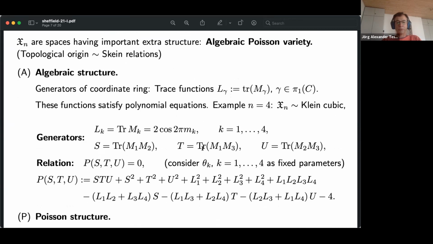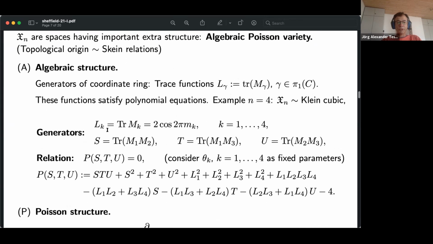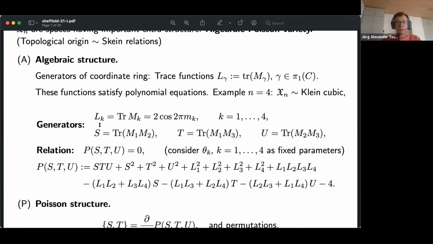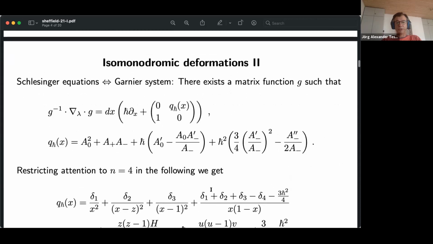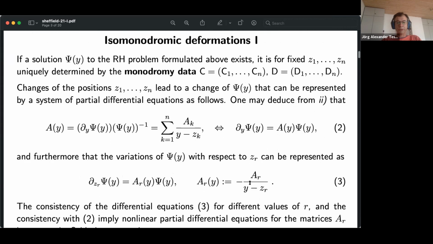It's called the Klein cubic. If you just make a count, you can convince yourself there are some trace functions which give, if you just take the traces of the monodromies around the punctures themselves, this will be fixed basically by the same data as we kept fixed from the beginning, which is packaged into the delta_1, which is just the eigenvalues of these matrix residues A_r.